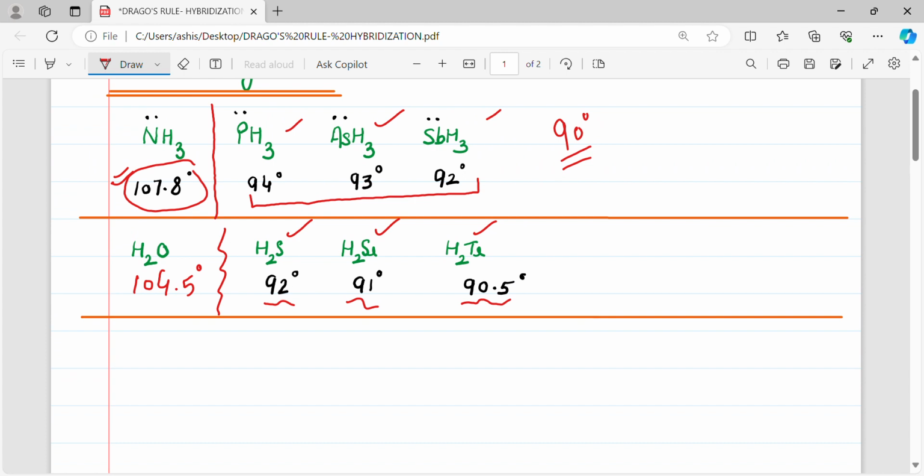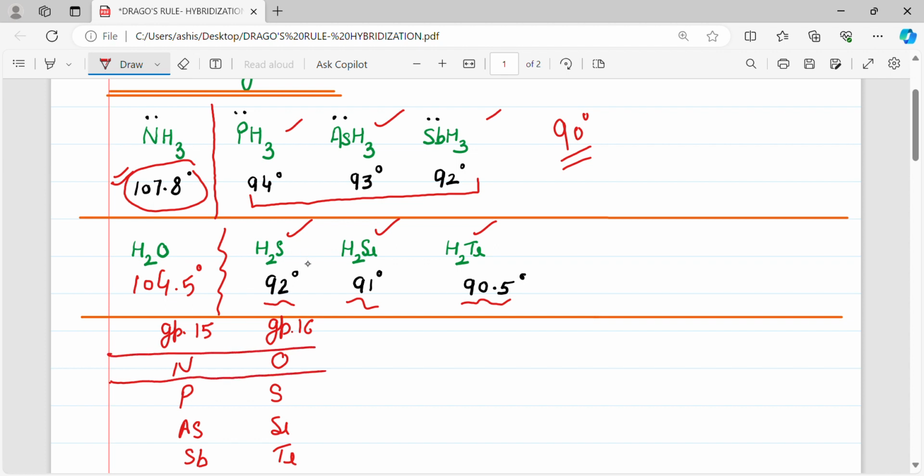First of all, we all know that N, P, As, Sb, then Bi, these are all elements of group number 15, and oxygen, sulfur, selenium, tellurium and polonium belong to group number 16.